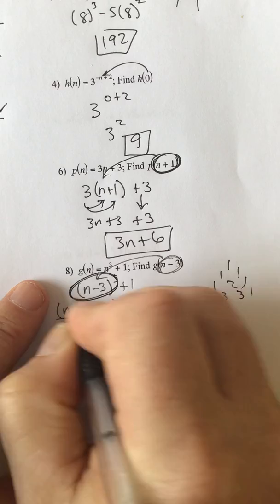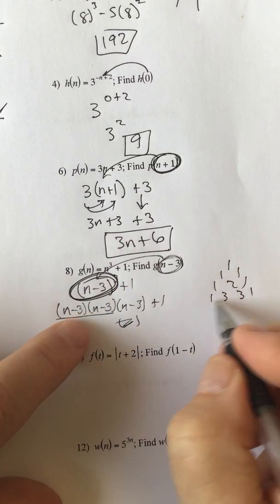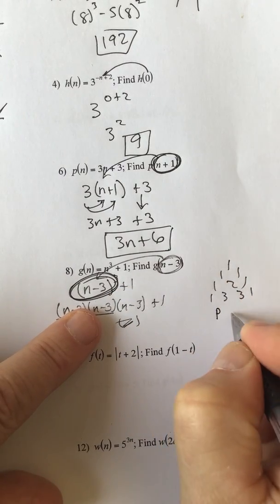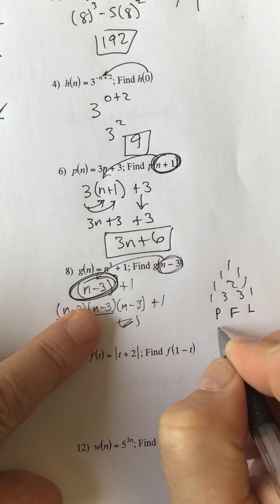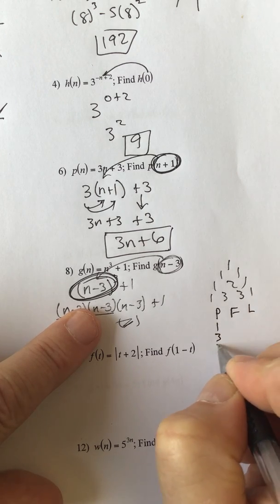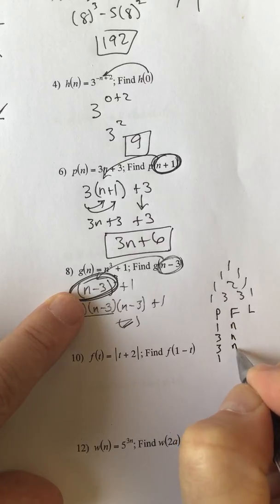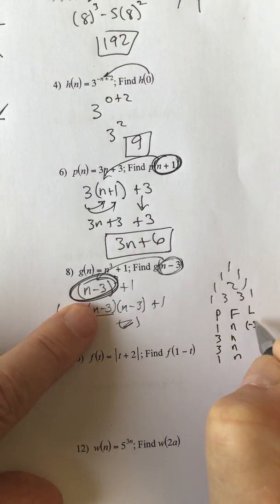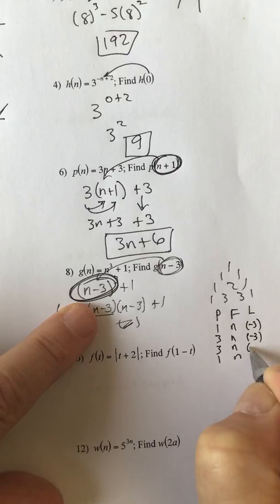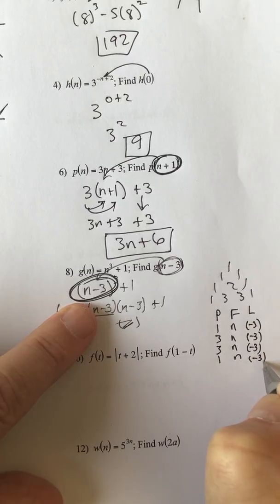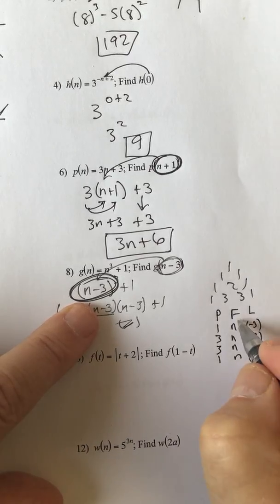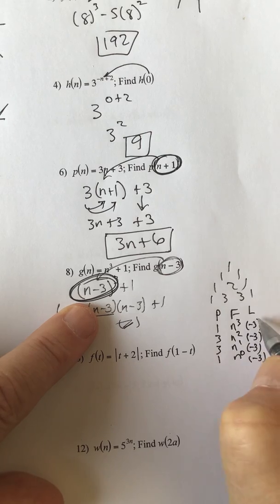I can take this and multiply it all out faster with this. It's Pascal, first, last. Pascal is 1, 3, 3, 1. The first was an n. The last was a -3 in a parentheses. You go highest power down, so 3, 2, 1, 0, and then 0, 1, 2, 3.